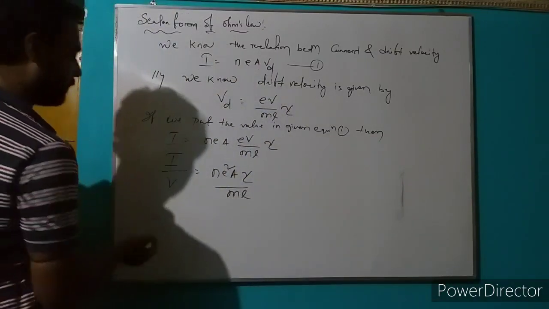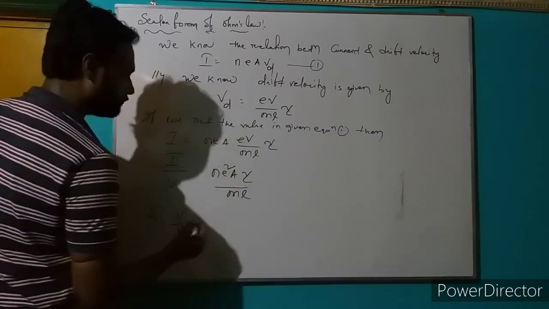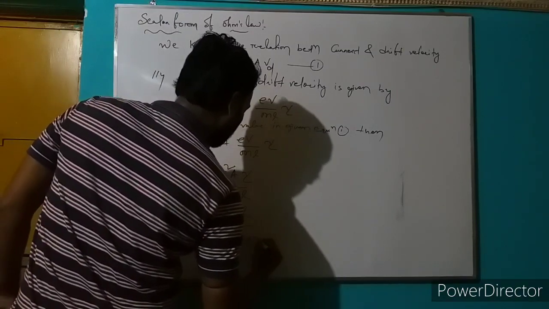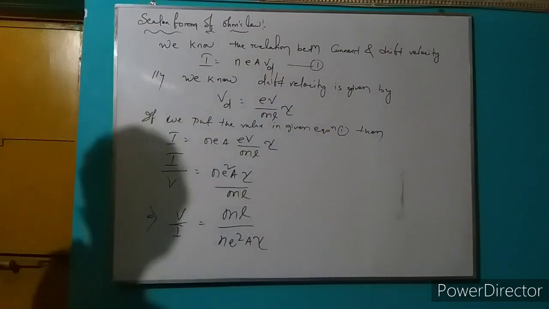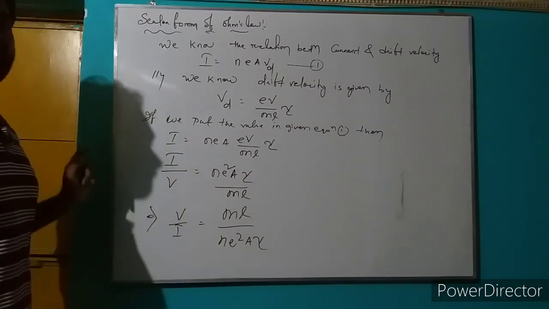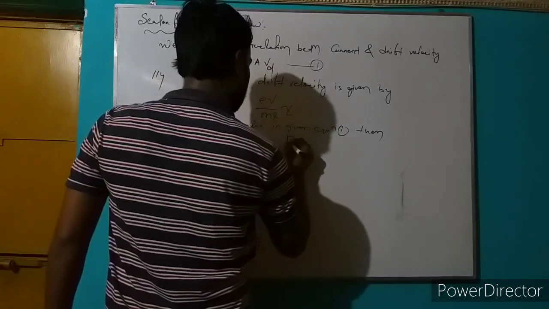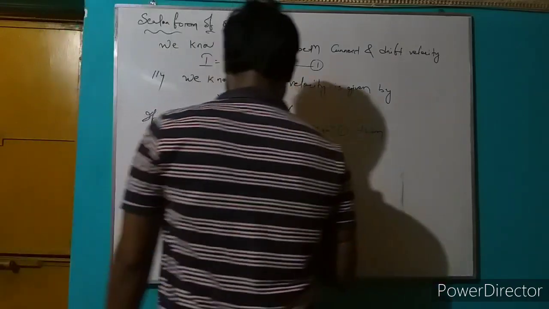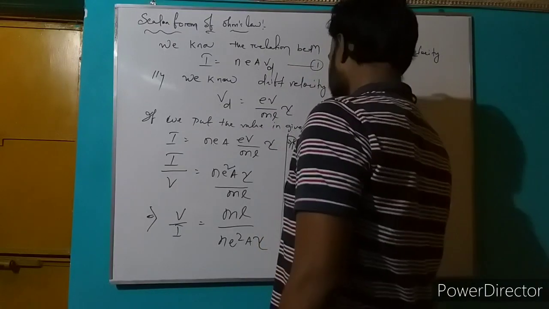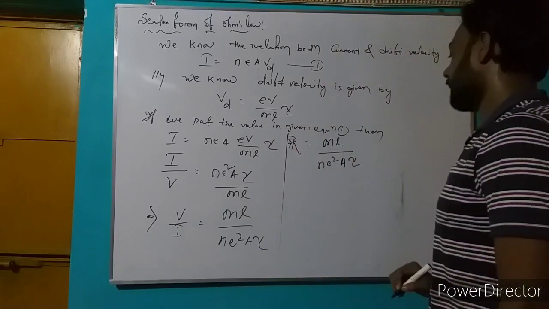Now V by I equal to ml by Ne square A tau. Clear? So before I have discussed, V by I means what? That means R. R equal to ml by Ne square A tau. Okay.